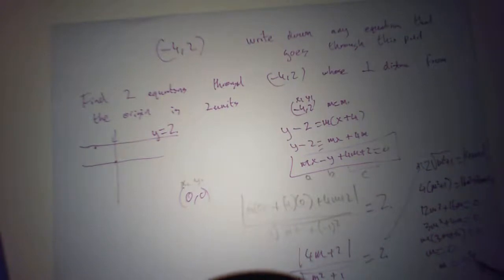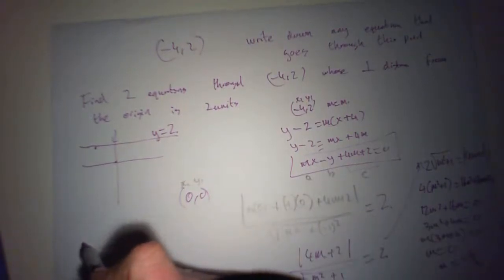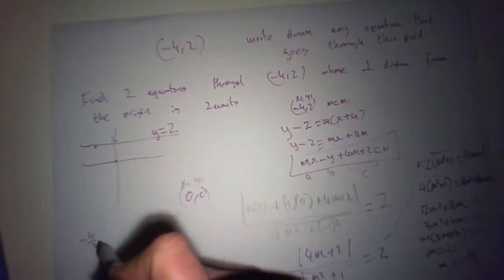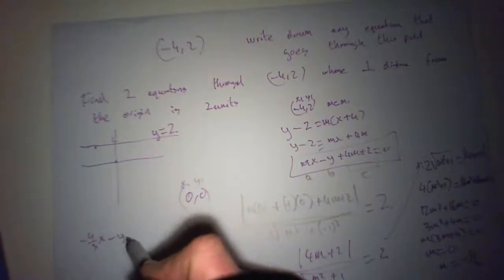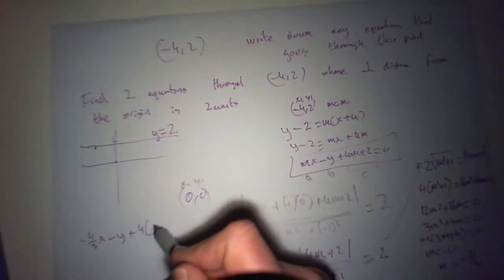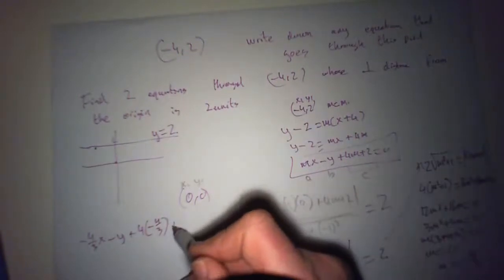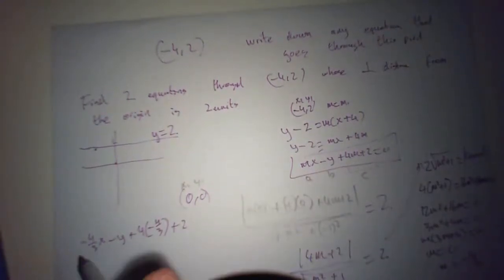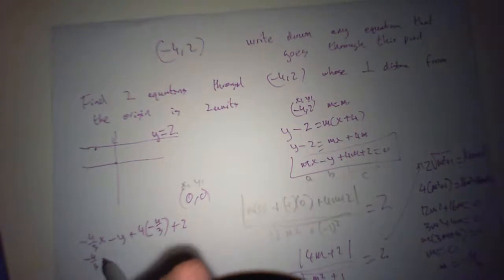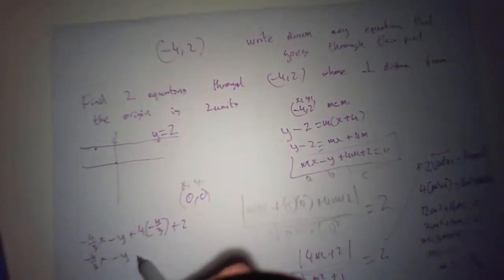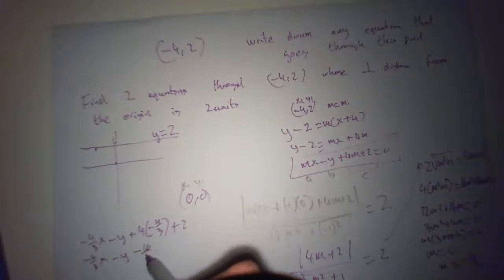And then if m is equal to minus 4 over 3, the other one is going to be minus 4 over 3 times x minus y plus 4 times minus 4 over 3 plus 2. So minus 4 over 3 times x minus y minus 16 over 3 plus 2 equal to 0.